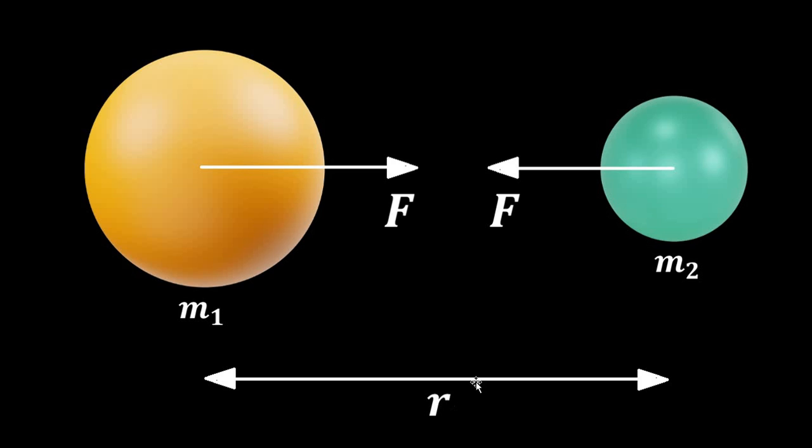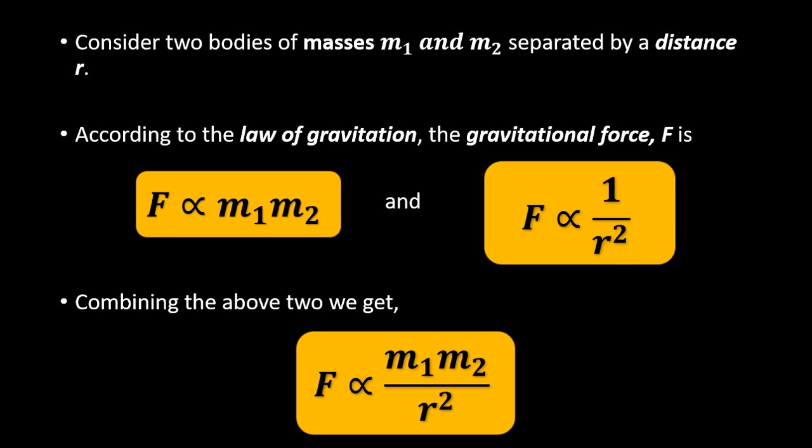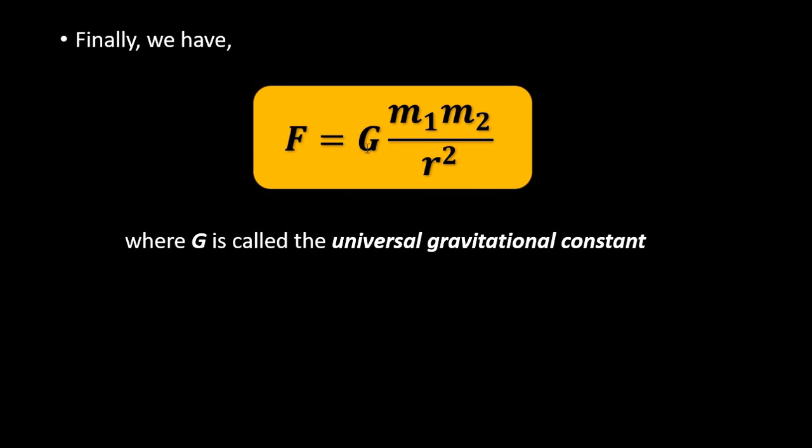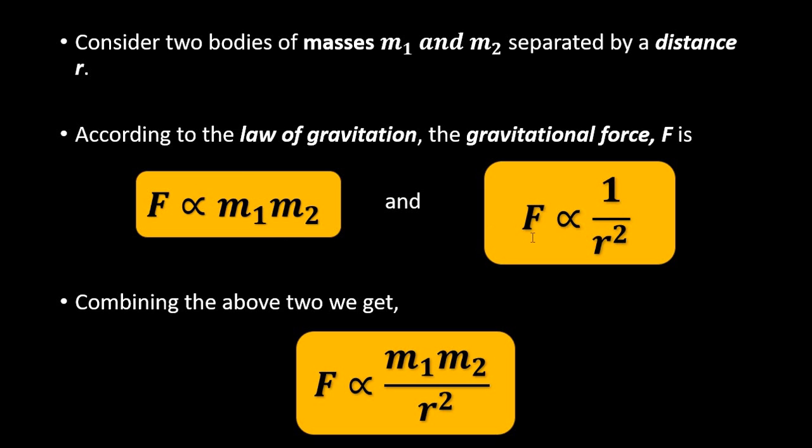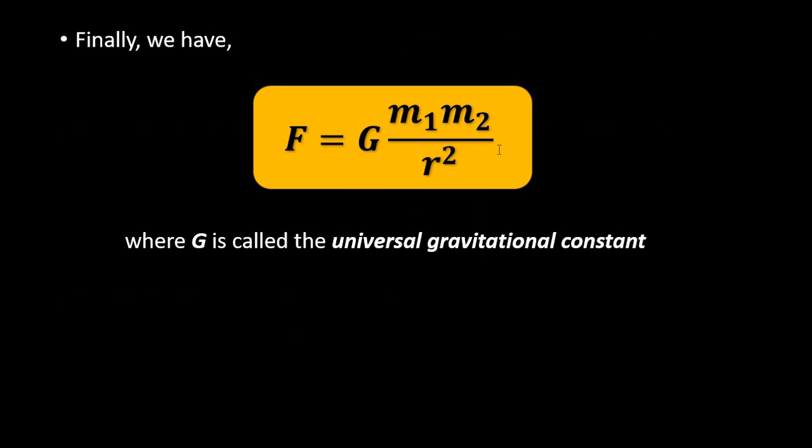Then the gravitational force of attraction which one exerts on the other is given by F equals G m1 m2 by r squared, where the force is directly proportional to the product of the two masses and inversely proportional to the square of the distance between them.